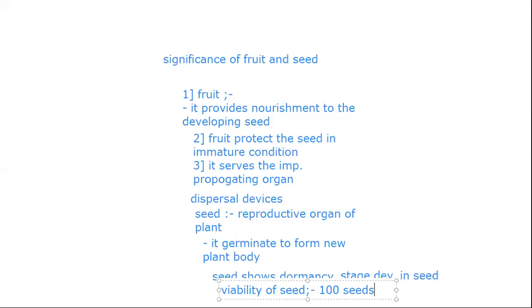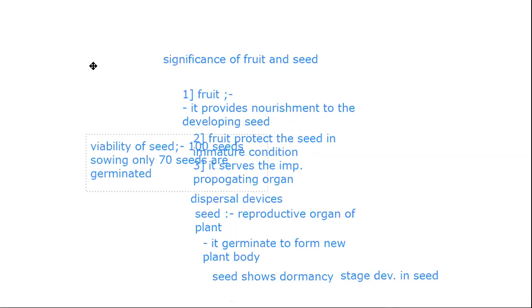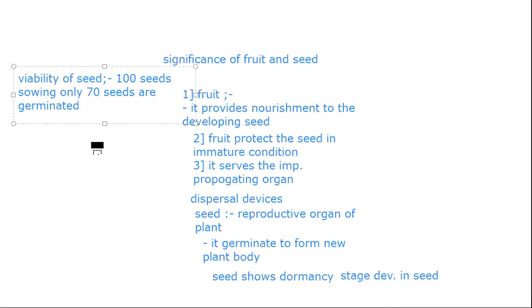When we sow the 100 seeds, then only 70 seeds are germinated. So remember this: when we sow 100 seeds, only 70 seeds are germinated.